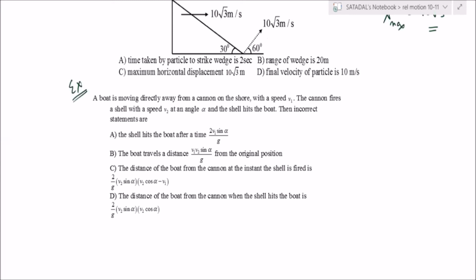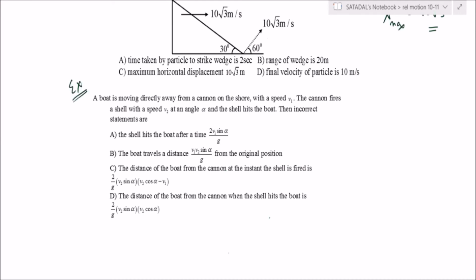Come forward. Yes, Chaitanya. Sir, I think A and B are incorrect statements.